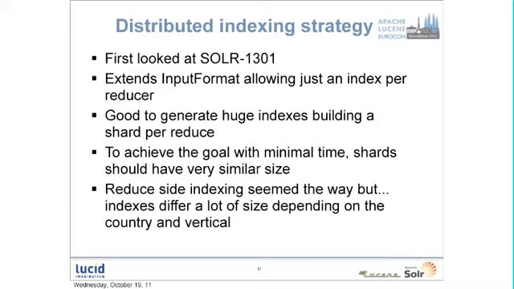In the beginning, to index with Hadoop, we started looking at this Jira, this patch, Solr 1301. What it does is extend the Hadoop API, extending the input format. And this patch allows you to create one index per reducer.